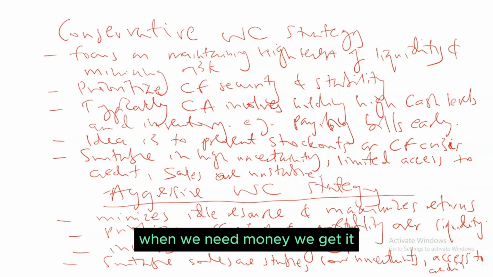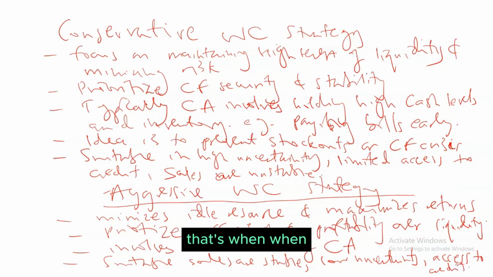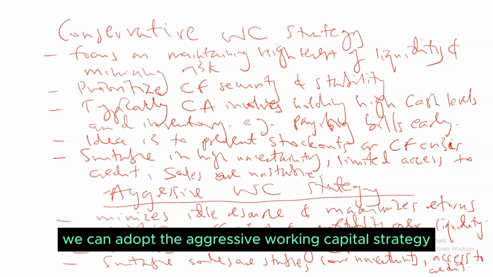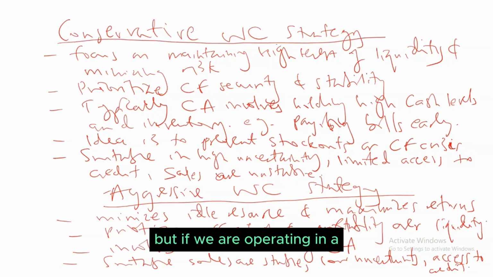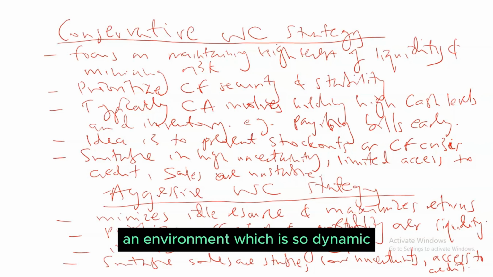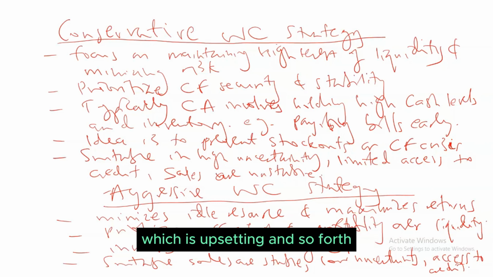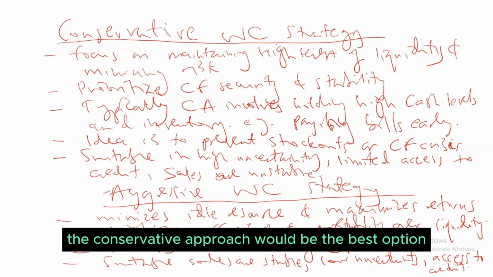When we need money, we get it. That's when we can adopt the aggressive working capital strategy. But if we are operating in an environment which is dynamic and uncertain, the conservative approach would be the best option.